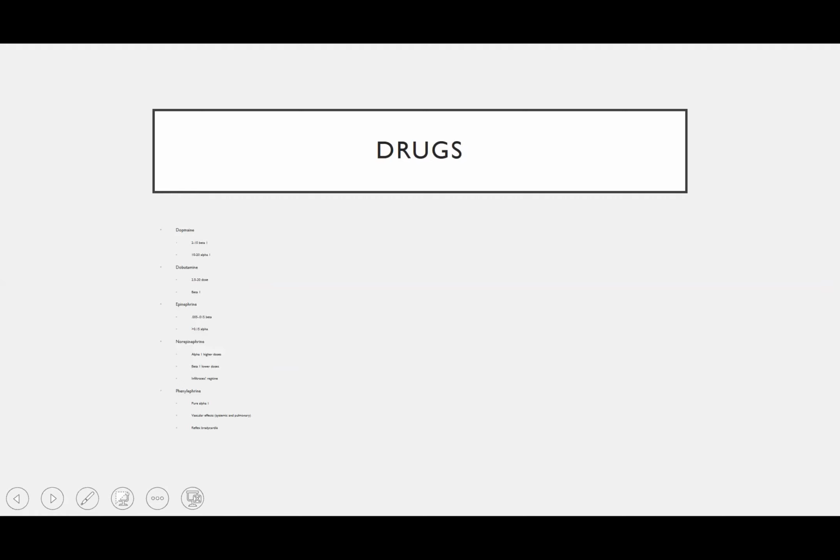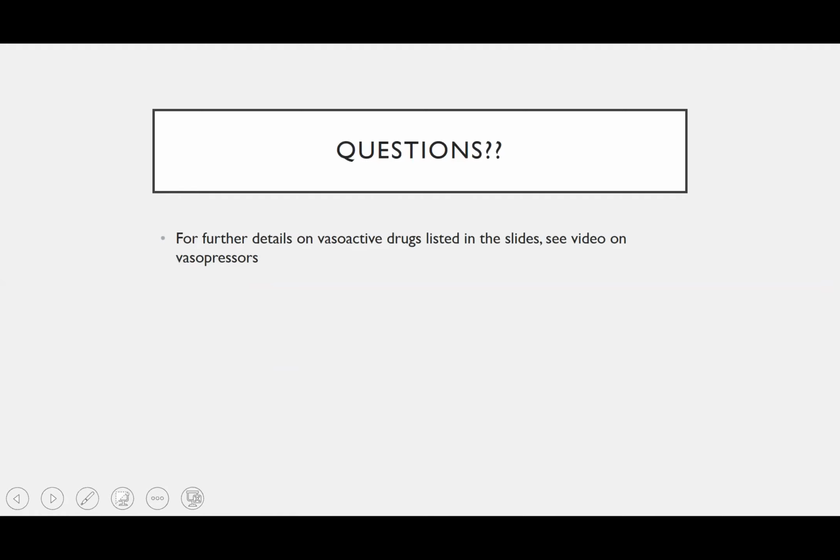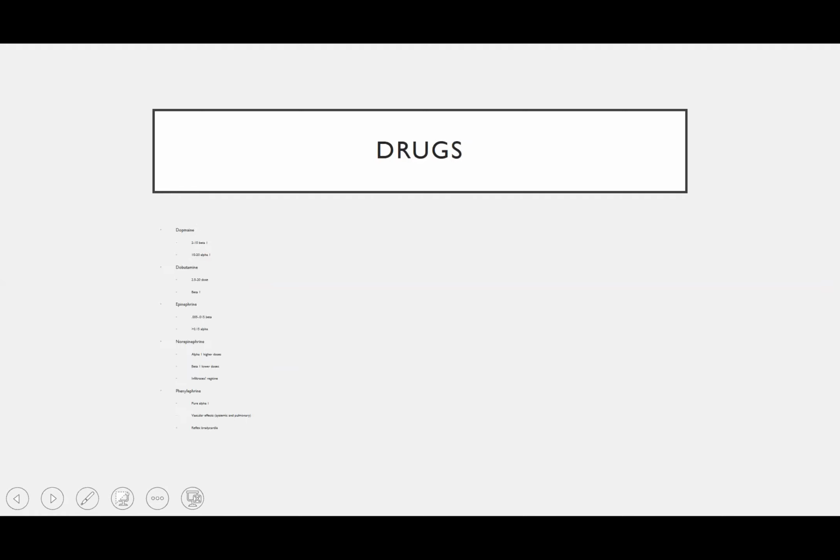And some of the drugs listed there, once again a very brief overview: dopamine, dobutamine, epinephrine, norepinephrine, phenylephrine. If you would like to learn more about the vasoactive medications listed here, see one of my other talks, but I wanted you to have an idea of what sort of medicines are available.